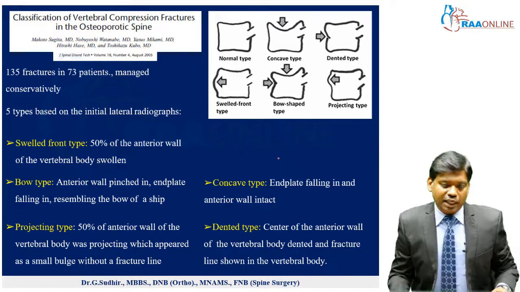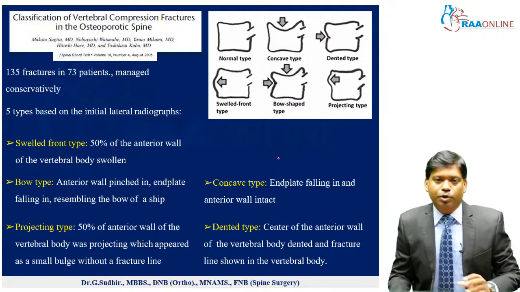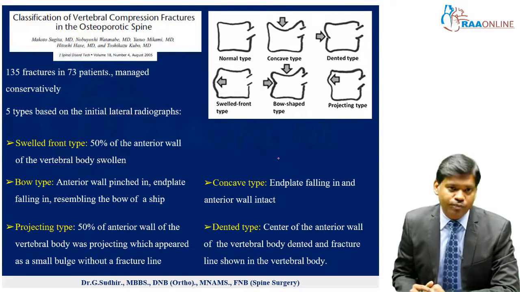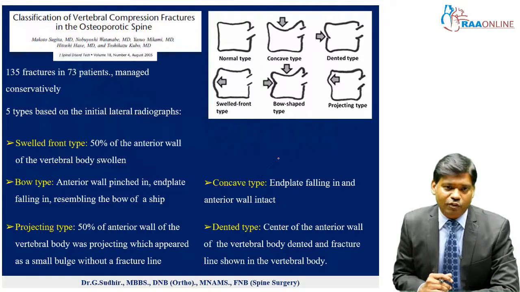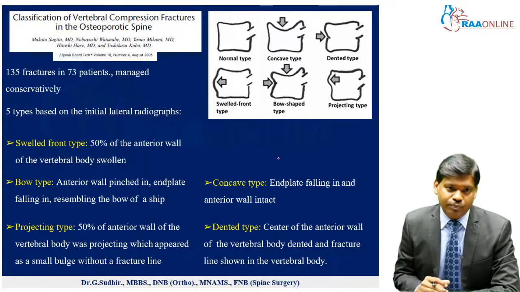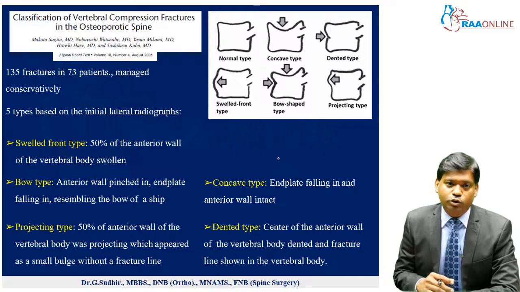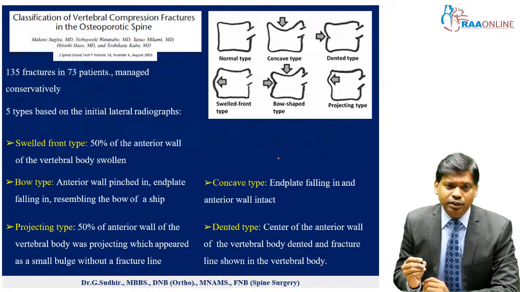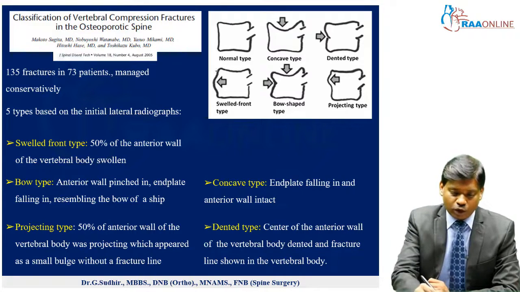One of the earliest classifications for osteoporotic compression fractures was by Sugita et al. in 2005, and they analyzed 135 fractures which were managed conservatively and divided them into 5 types. First is a normal vertebra. Second is the swelled front type, where 50% of the anterior wall is swollen in the front.